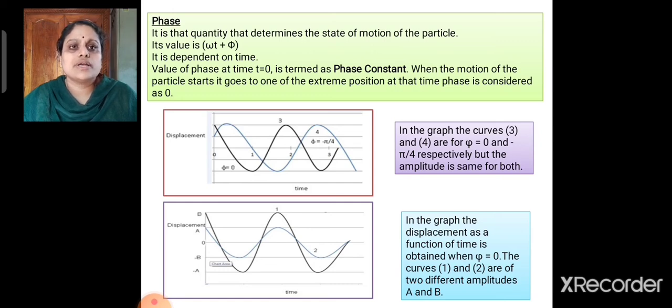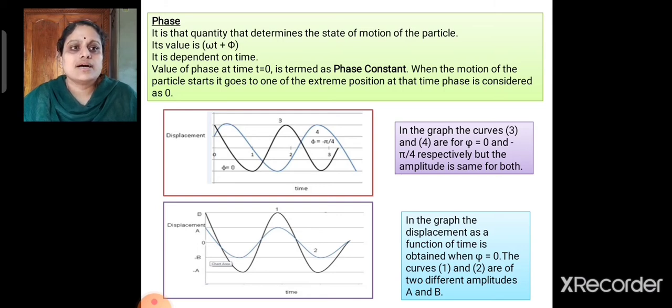Waves marked by the points 3 and 4 have a phase difference of pi by 4. That is, after an interval of pi by 4 radians, the second wave is starting.